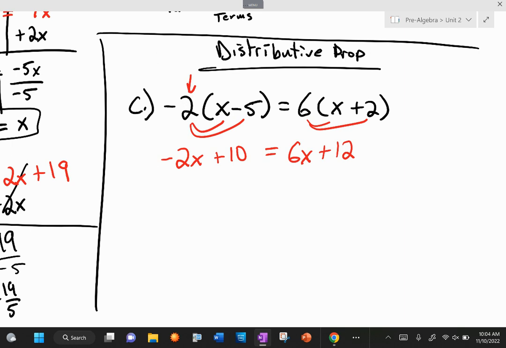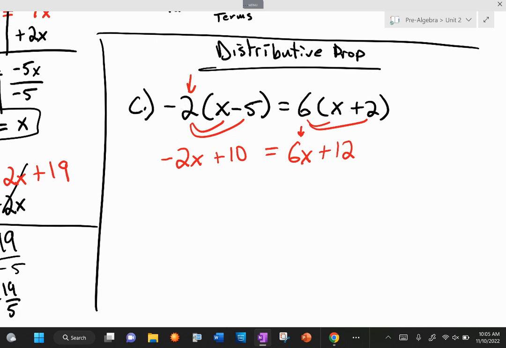Okay? Now, when I'm looking at this, it doesn't matter which side you move, because they both have kind of the same amount of stuff, right? Each side has 2 terms apiece. So, for me personally, I like to move all my variables to the left side. But if I'm going to move this 6x over, yes, the 6 and the x are being multiplied together, but that's not what we're worried about.